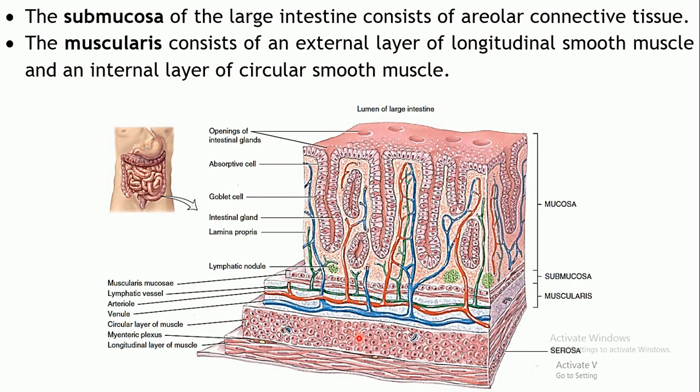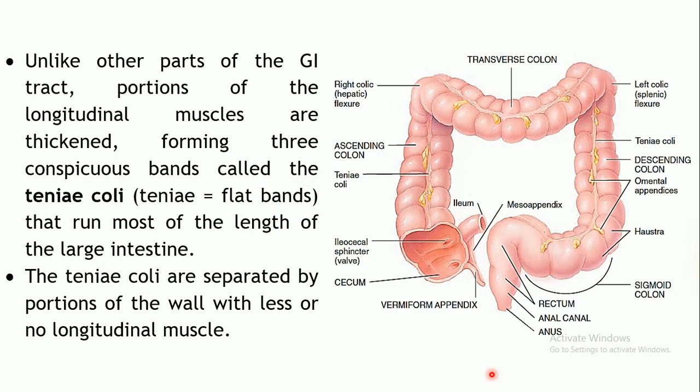The internal layer, as you can see along the length of the large intestine, has circularly placed cells, this way. Whereas the outer layer comprises longitudinal smooth muscles, placed along the length of the large intestine.